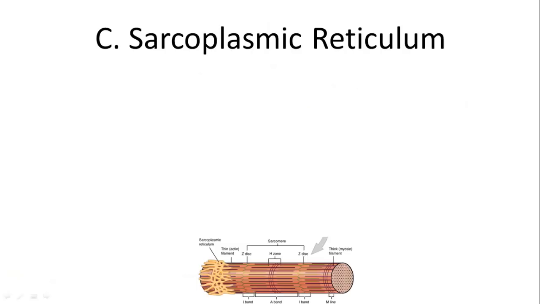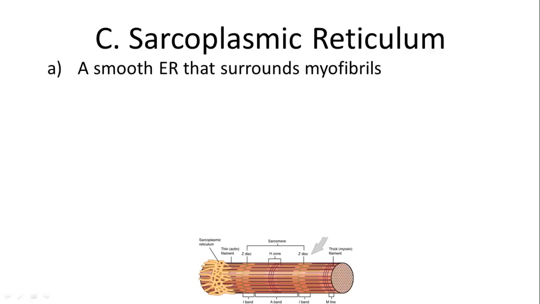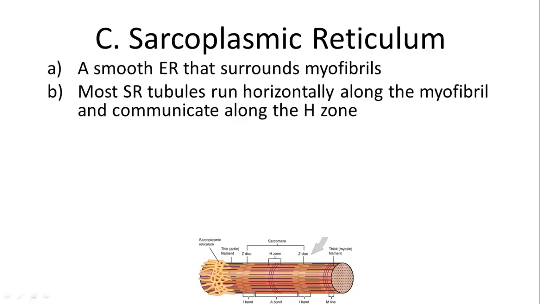Now, we mentioned the sarcoplasmic reticulum, and it's ever important. It is an important part of the system that allows for excitability. It is, again, a smooth endoplasmic reticulum that goes all the way around the circular myofibril. Most of it runs horizontally, and that allows the communication along the H zone.